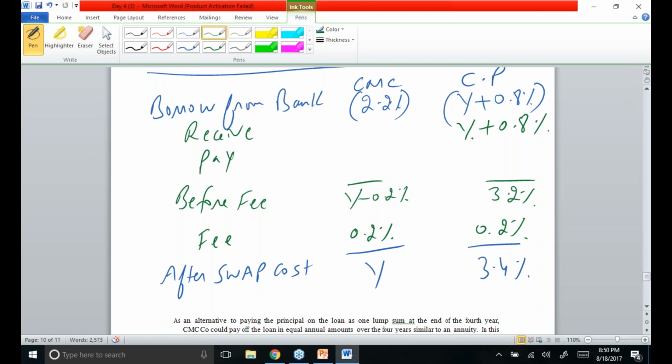So if this company is receiving this floating rate, definitely the other party is paying it. Now you just have to balance, and that is 3.2% here. And definitely if this company is paying 3.2%, the other will also be receiving the 3.2%. That's how you're gonna fill these boxes.